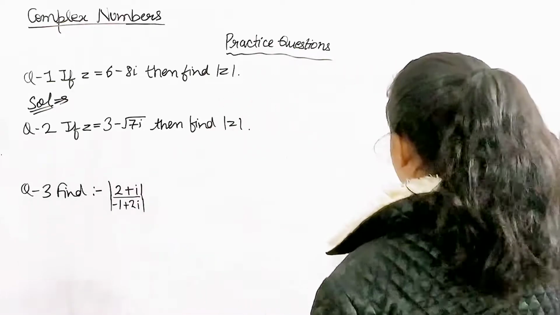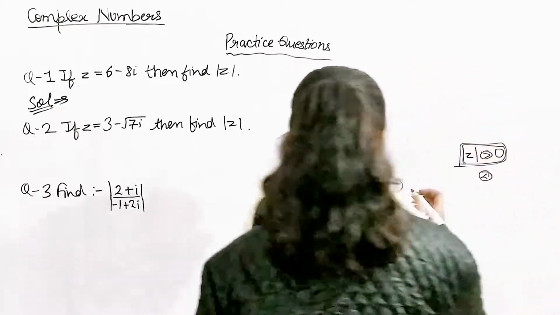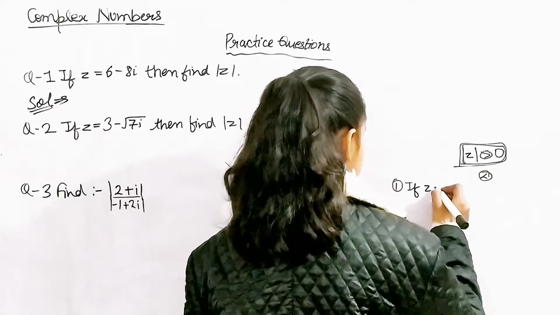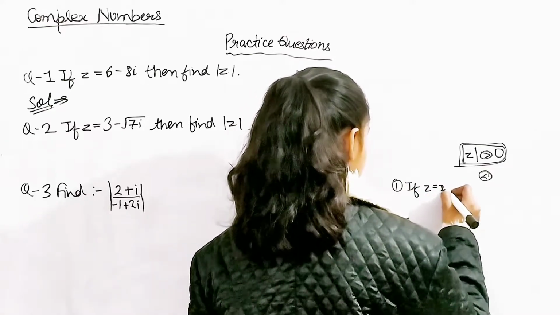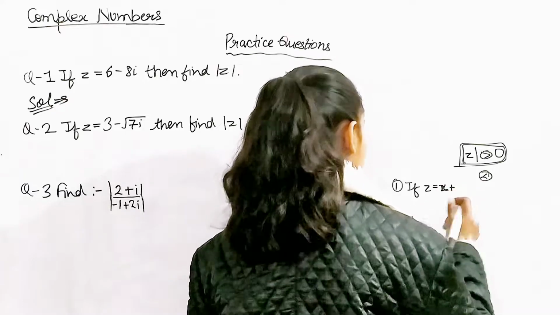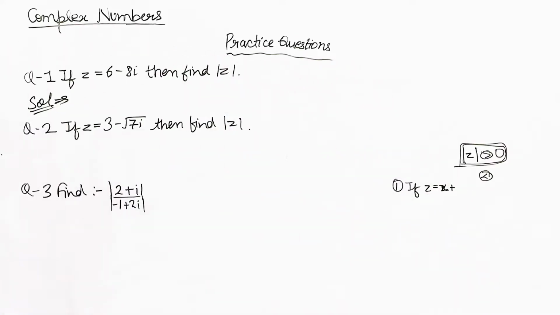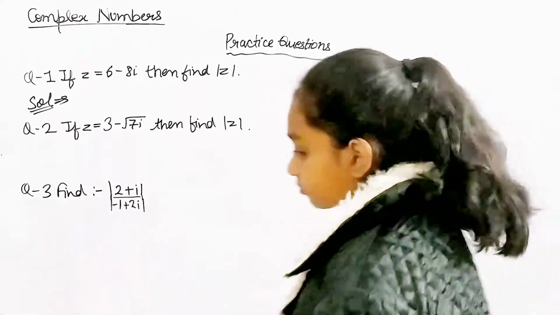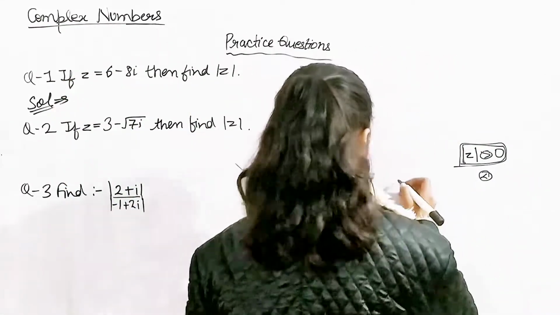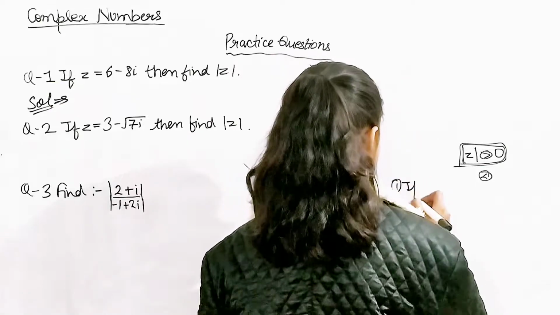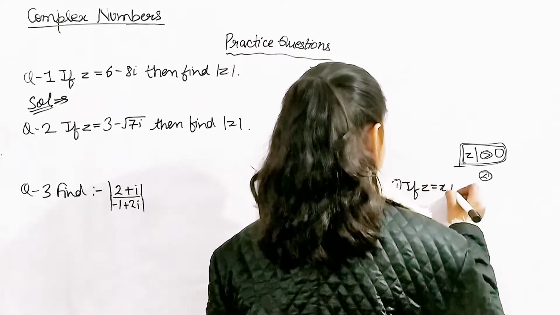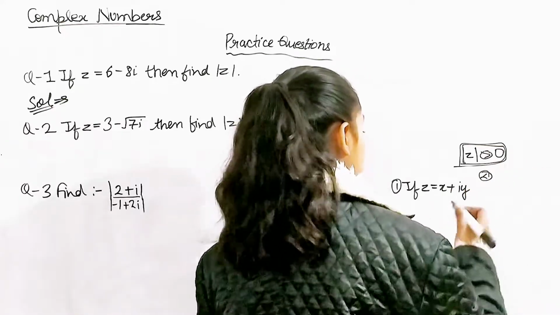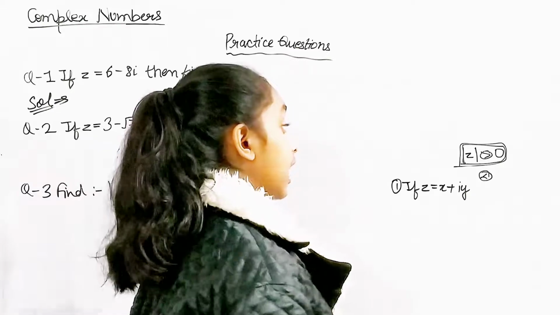Let's say z is equal to x plus iota y. Let me write it again.